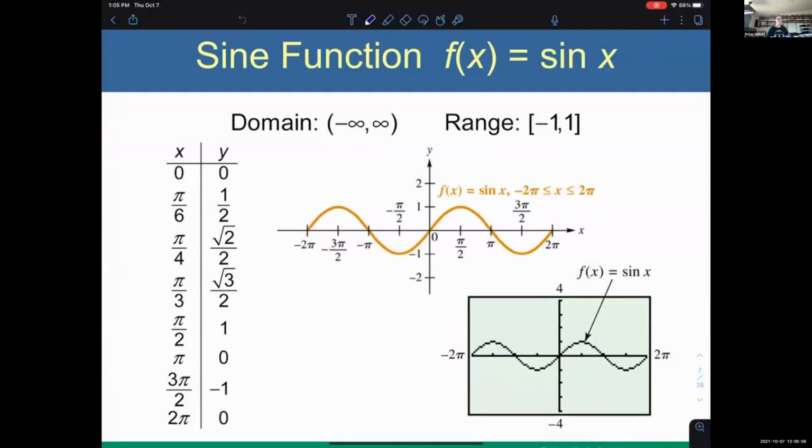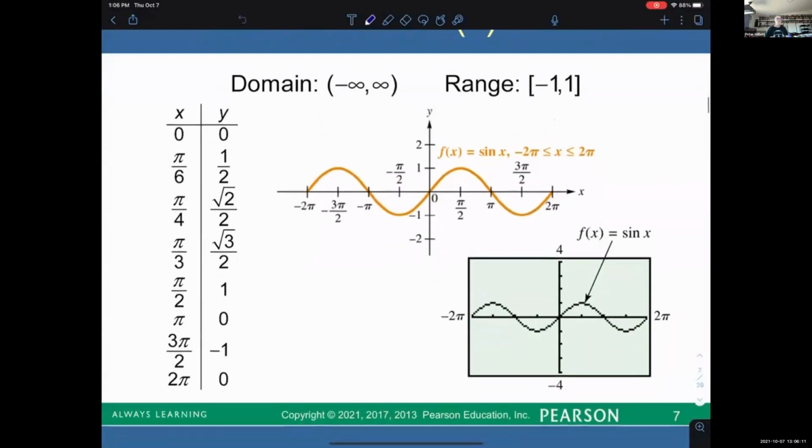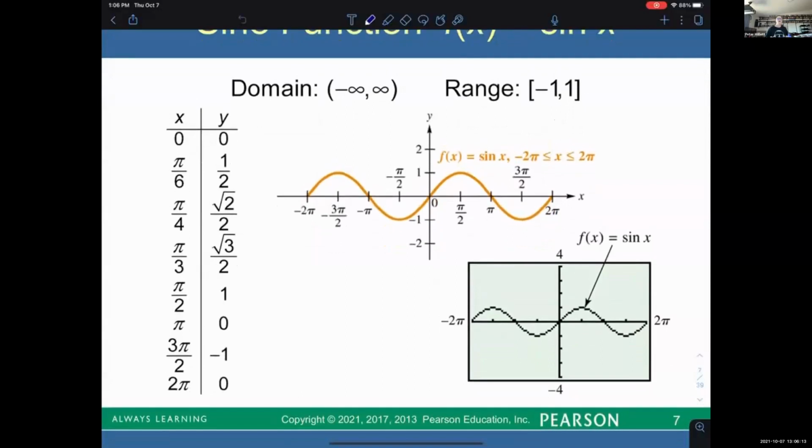And here we can see a couple of full cycles of the sine function. On their picture here, they went from negative 2 pi all the way up to positive 2 pi. And even though the graph does keep going beyond this range of values, they're just showing that part of it.